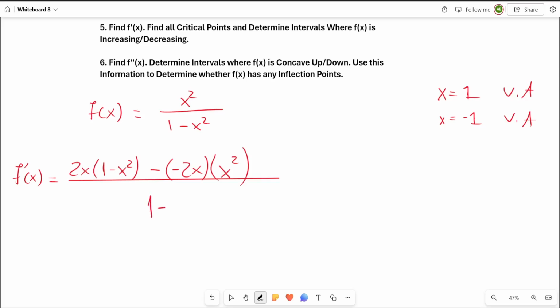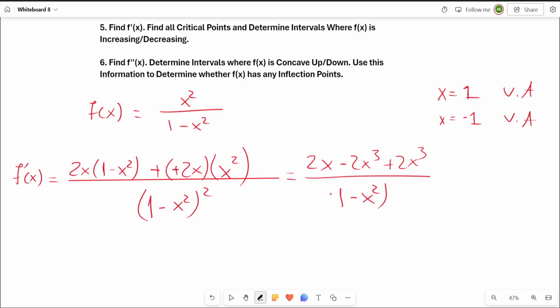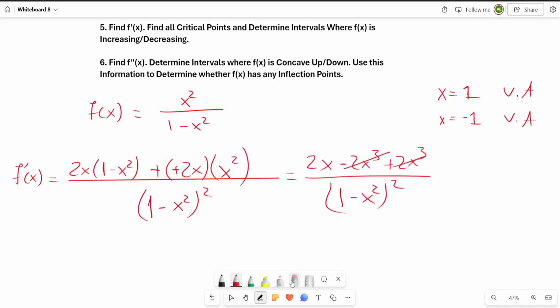Everything over 1 minus x squared to the power of 2. So simplifying, this is going to be 2x times 1 is 2x, then minus 2x cubed, and then I have a positive 2x times x squared, which is plus 2x cubed, over 1 minus x squared to the power of 2. I can see that this and this will basically cancel, and my answer will be 2x over 1 minus x squared, all squared.